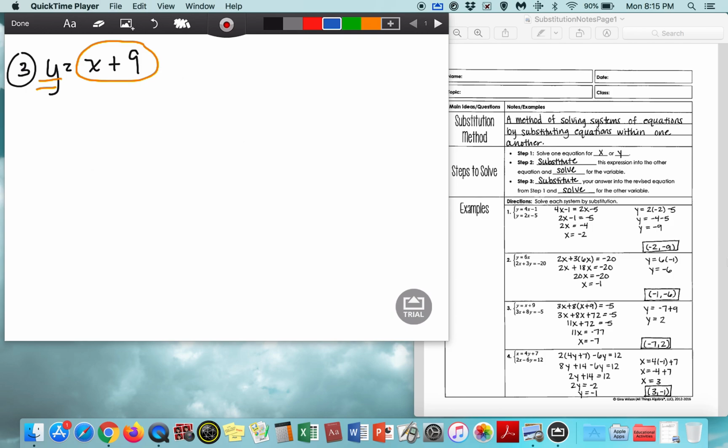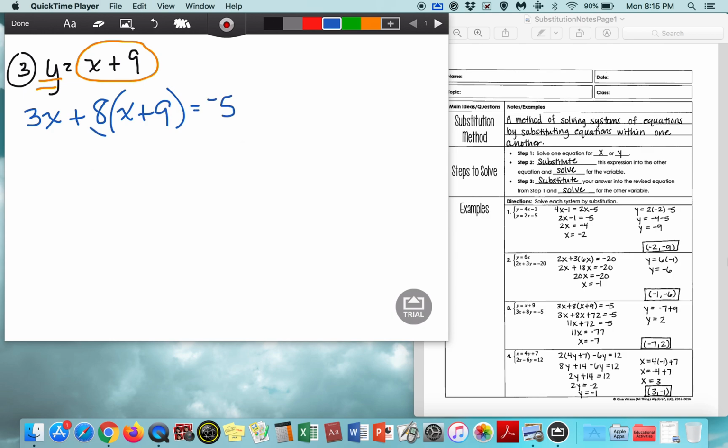In the other equation I have 3x plus 8y. Now instead of y, I'm going to substitute x plus 9, and that should equal -5.